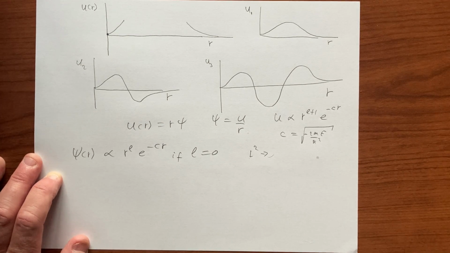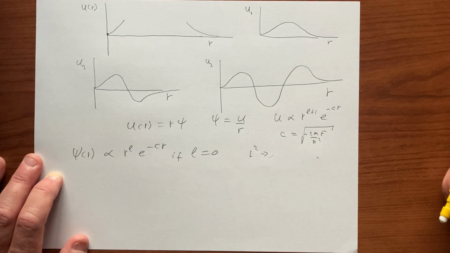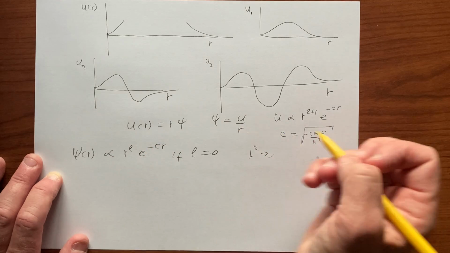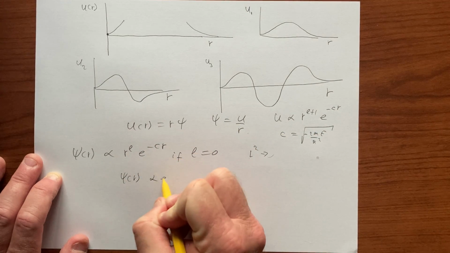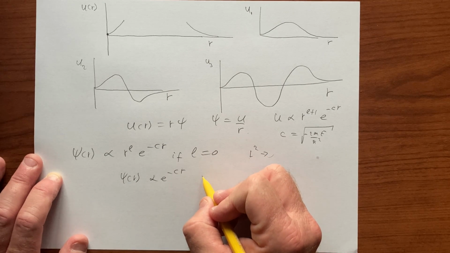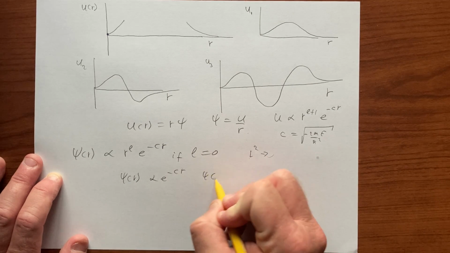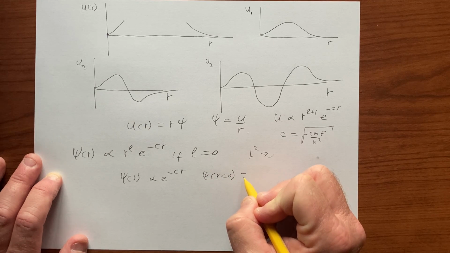So if we have no angular momentum, then l is 0, and r to the 0 is just 1, and so psi of r is proportional to e to the minus cr.